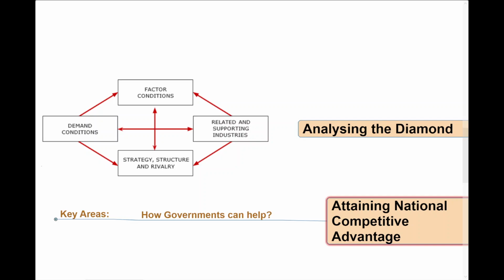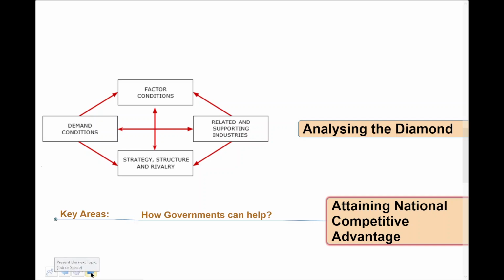So in scenarios, and do look for hints in the pre-seen as well, what we're looking for is reference to these types of factors, where the examiner talks about the industry being successful, talks about the consumers, or says there are clusters of different and supporting industries, etc. If we get a sniff of that, then certainly we'd be looking to wheel out the diamond.